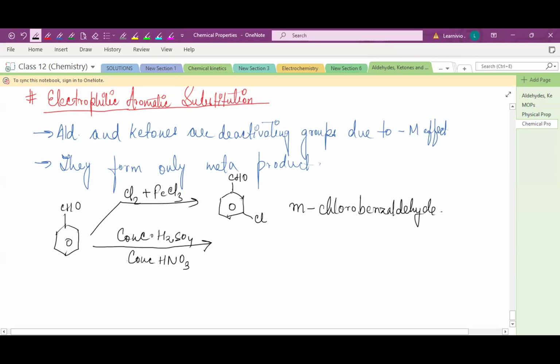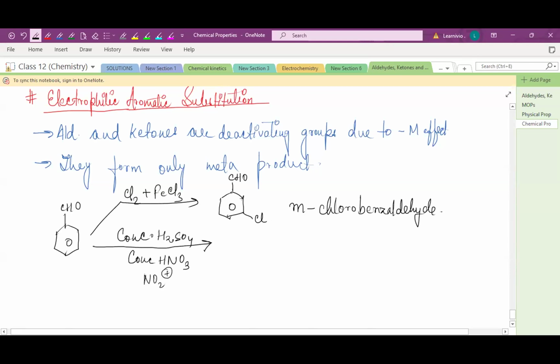So when you do the nitration, what happens here? What is the electrophile in this reaction, Maniba? HNO3 gives H plus and NO3 minus. Basically, when you do the nitration of any compound, just remember that the electrophile here will be NO2 plus.